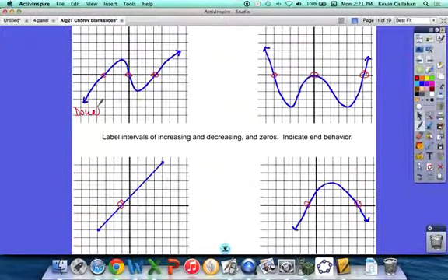And then on the right side, it's going up. Okay. So if you're going to say it in order, just say down, then up, down, up. Right? What would you say about this one? Up and up. What would you say about this one? Down, then up.